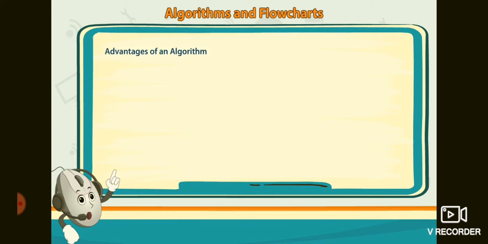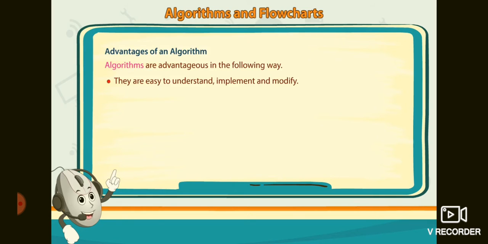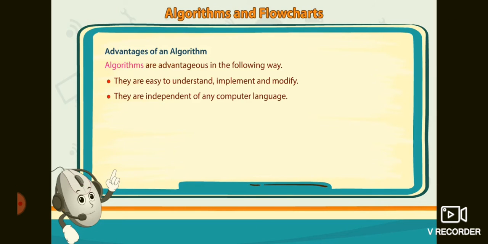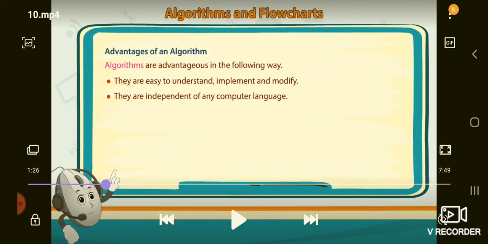Okay, so what are the advantages of an algorithm? It is very useful in the computer, as it is easy to understand your problem, and then you implement and modify it. All are independent of any computer language.